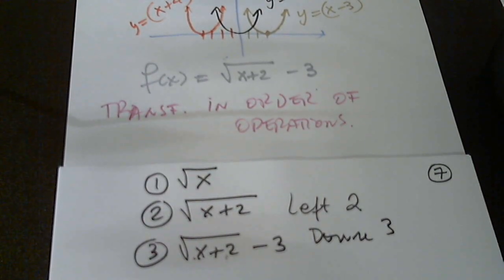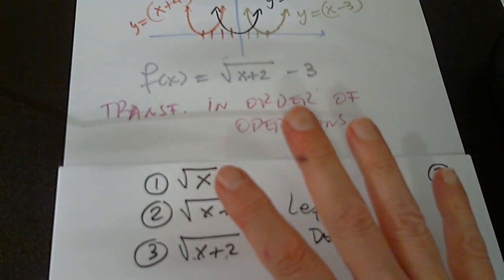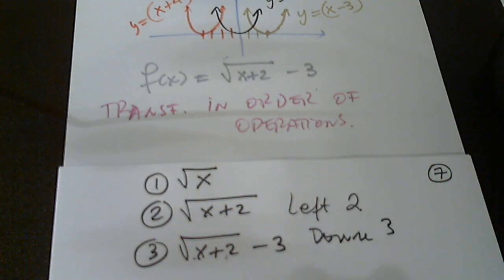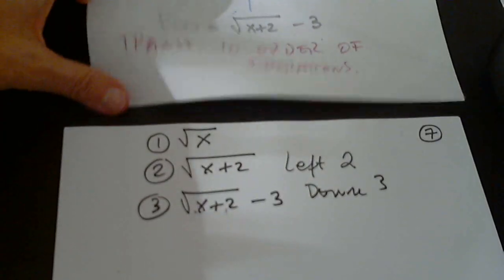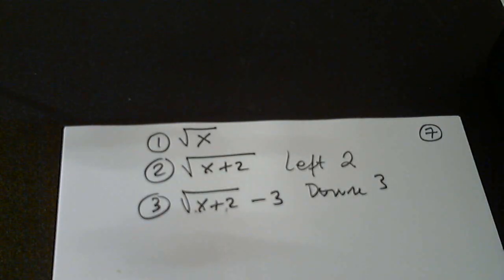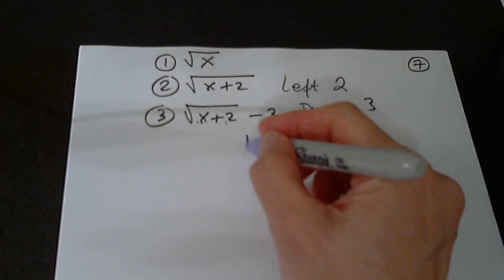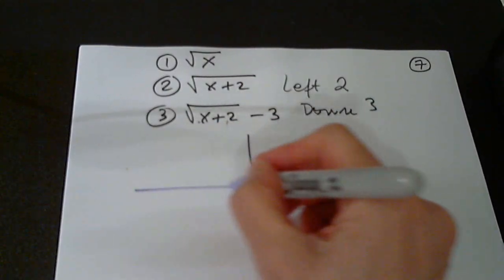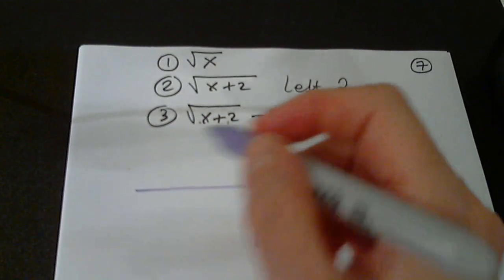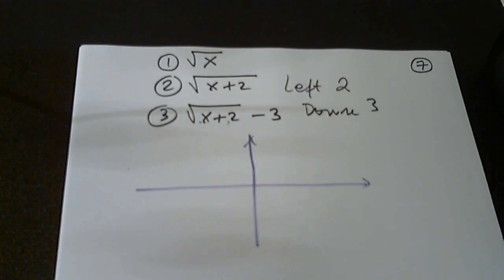So now can you picture the graph? The square root of x, moved to the left 2, and down 3. This is the idea of transformations. Being able to picture the graph, not an exact graph. I'm interested to picture the graph quickly in my mind.